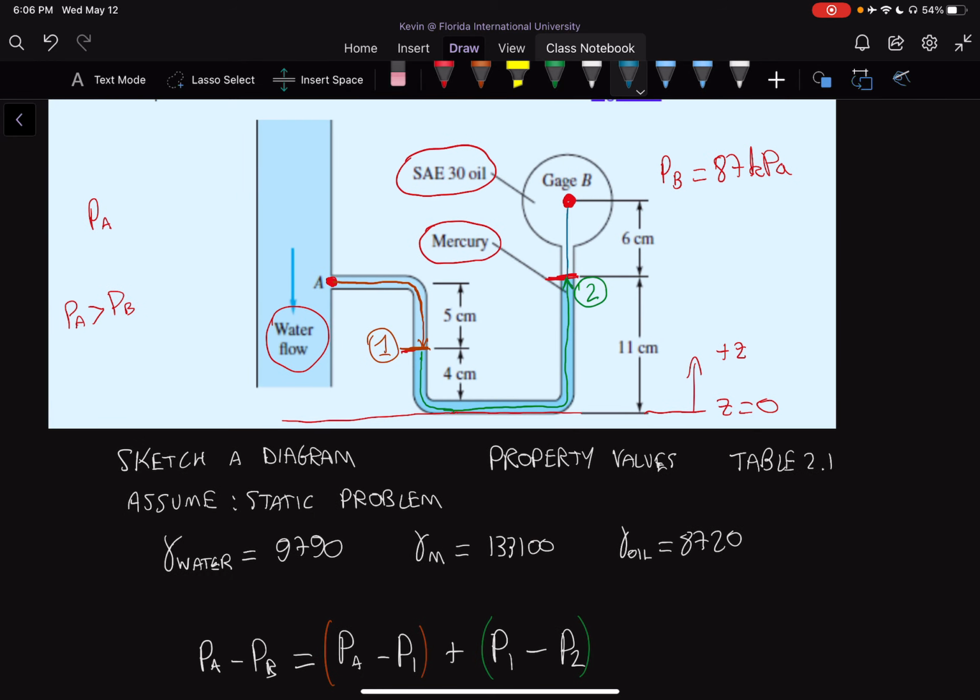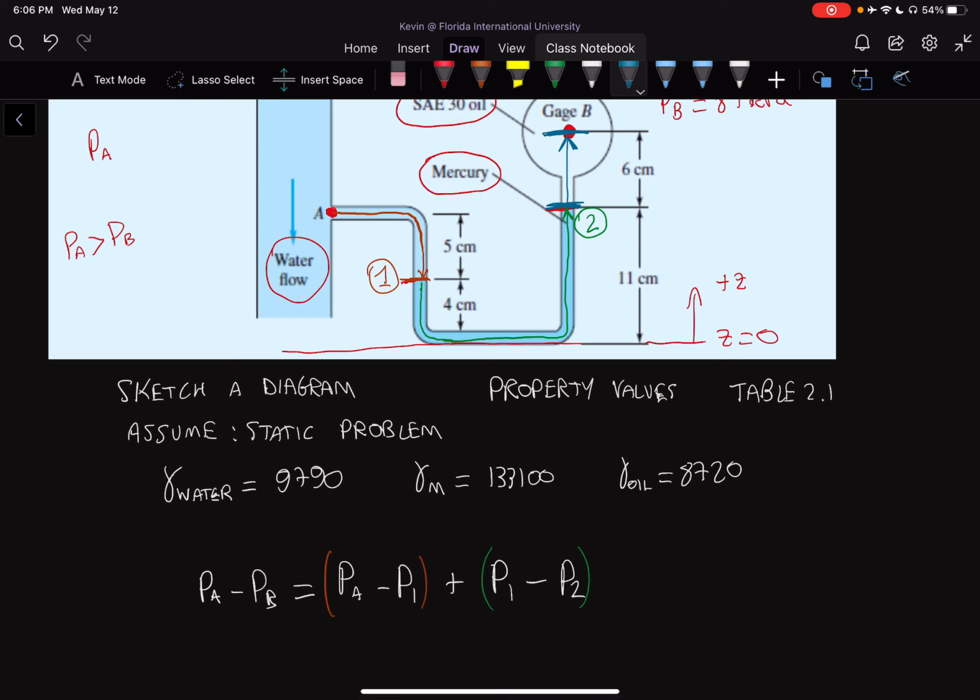We have to go up to gauge B. So we're going to go from 2 to B, and then finally we can get that pressure because we know that in the SAE30 oil, we have a difference in pressure between this level here, the level at point 2, and the level where gauge B is. So our third step is to look at the third bracket, and say we have plus P2 minus PB.